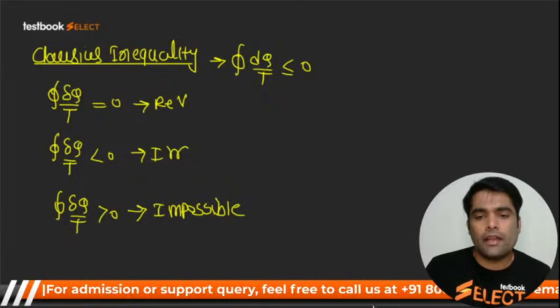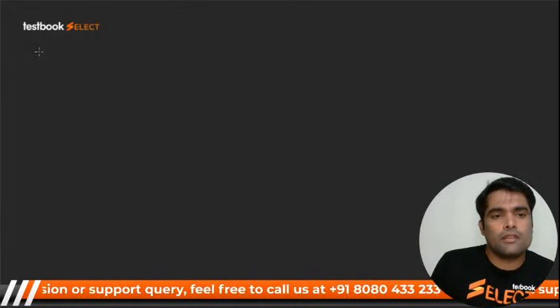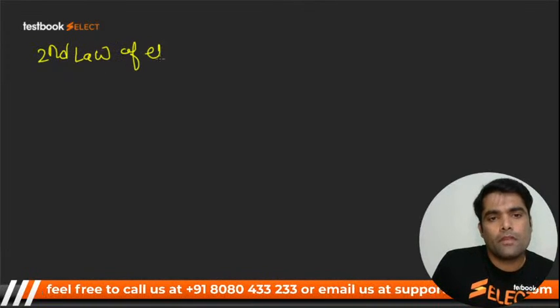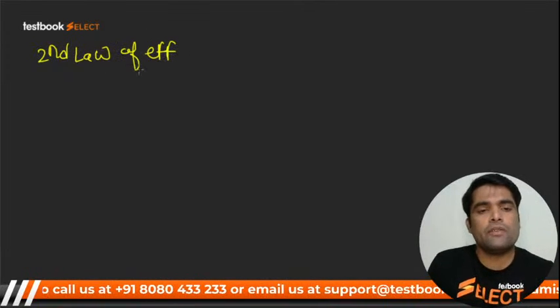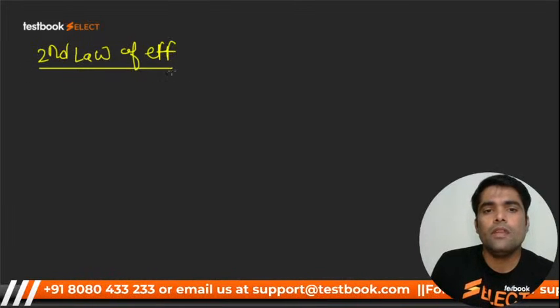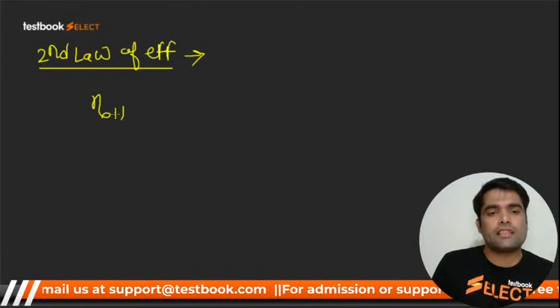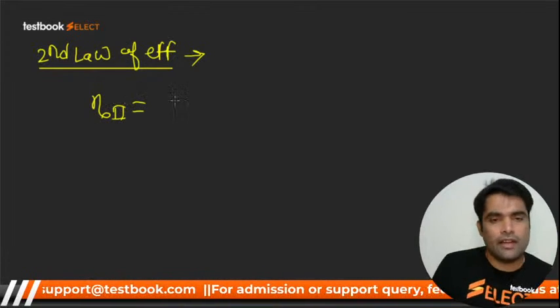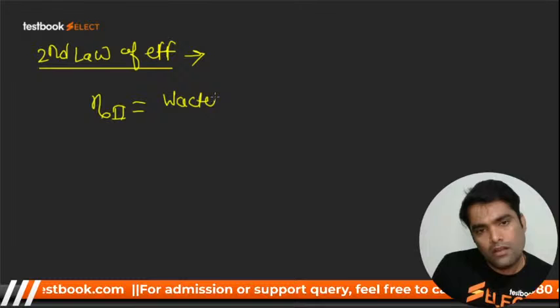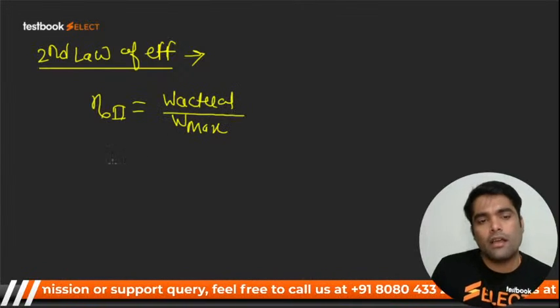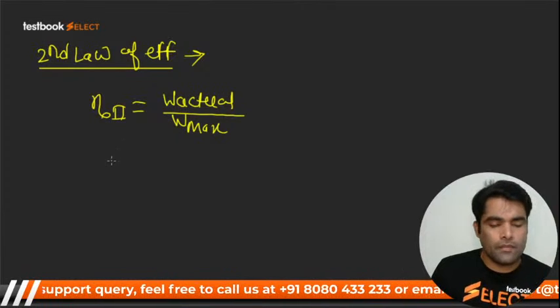Don't worry, my dear. We also have the second law efficiency. In the second law of efficiency, we have derived eta second. Eta second is nothing but W actual over W maximum, and W maximum will be more. And what about the COP?